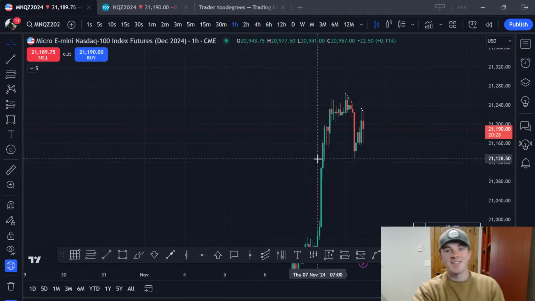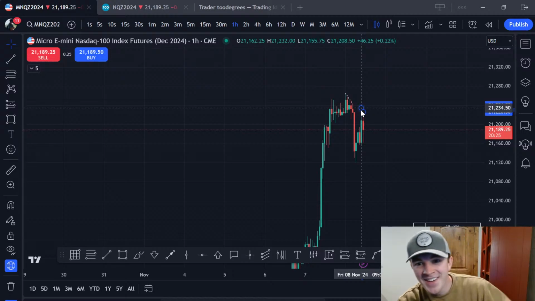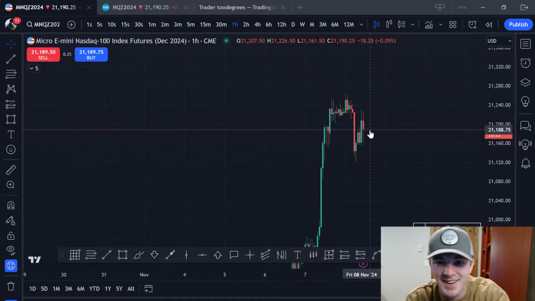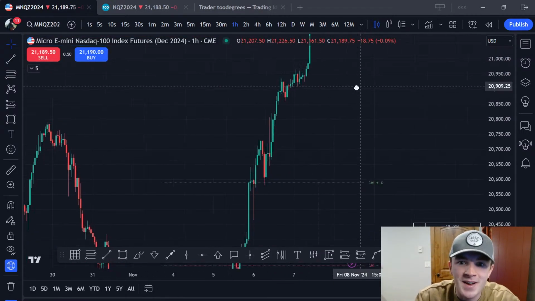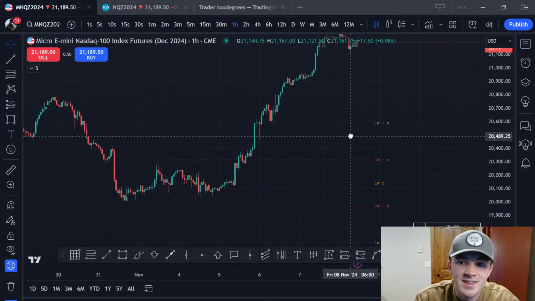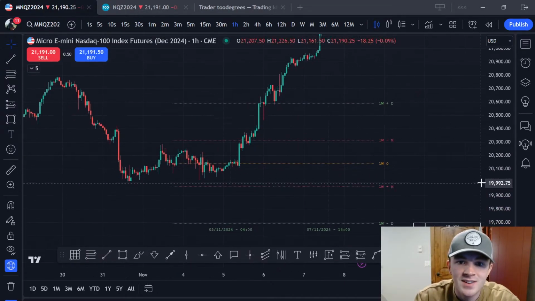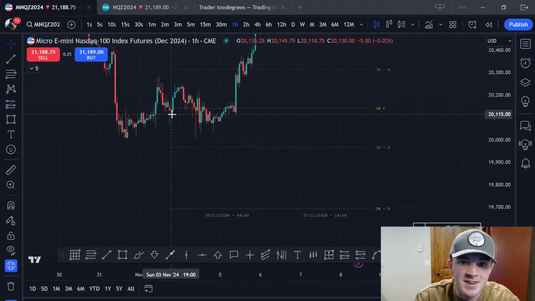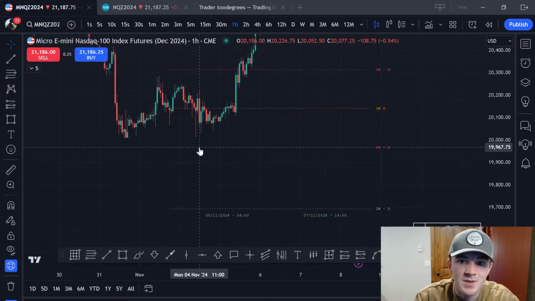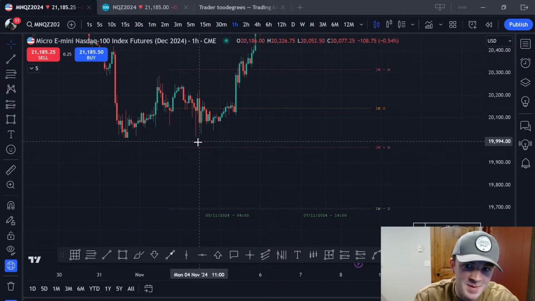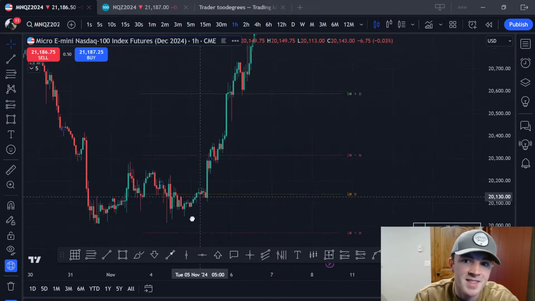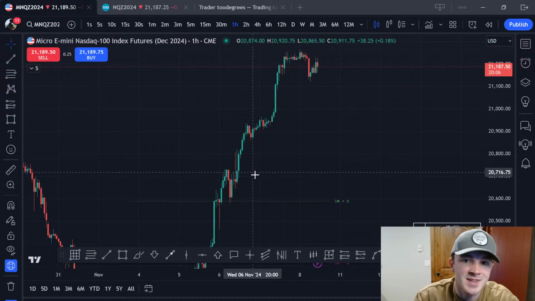That's crazy. There's just all kinds of different ones. So if I do the weekly, look at this. The weekly opened here. We didn't quite get to the weekly manipulation, but we went close. And then weekly distribution.